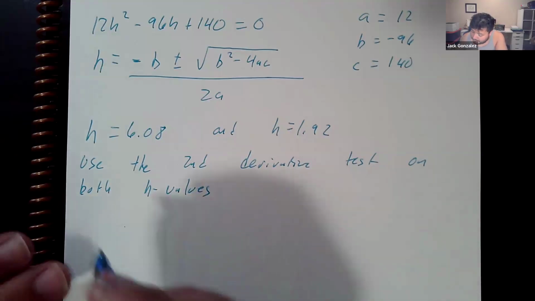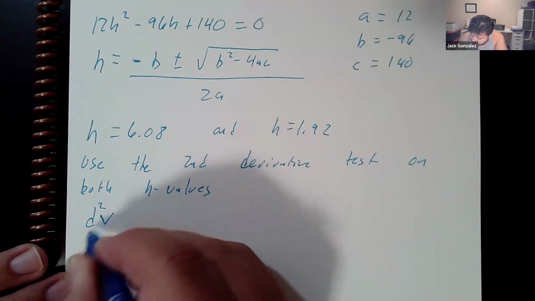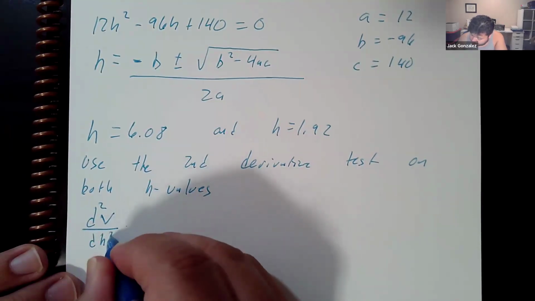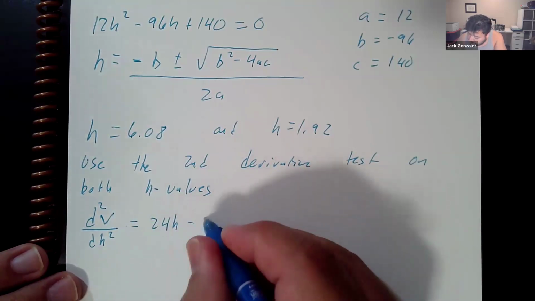Okay, so the second derivative is equal to 24h minus 96.